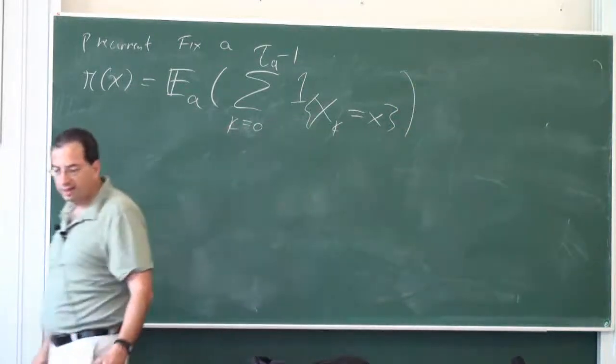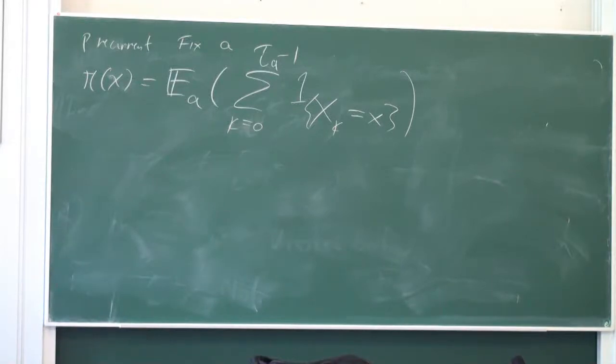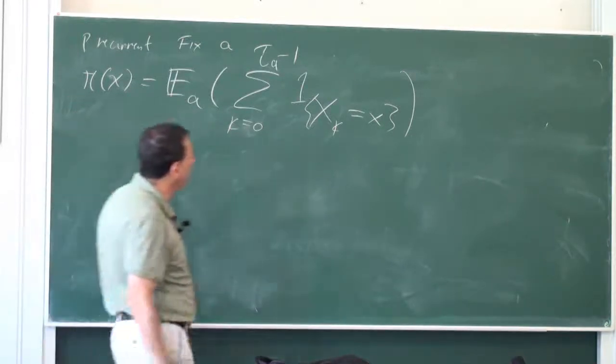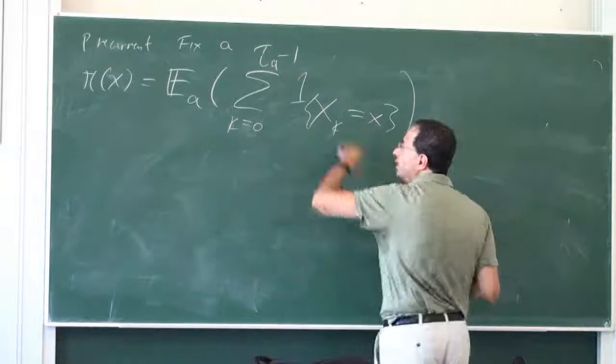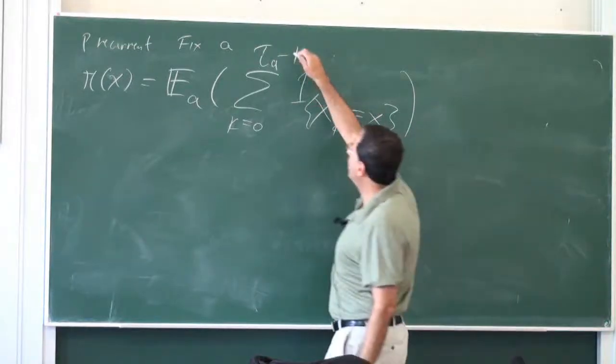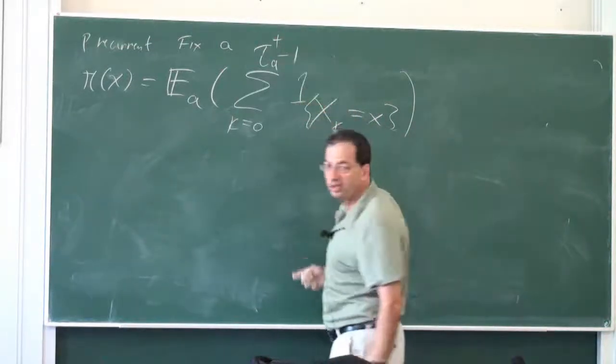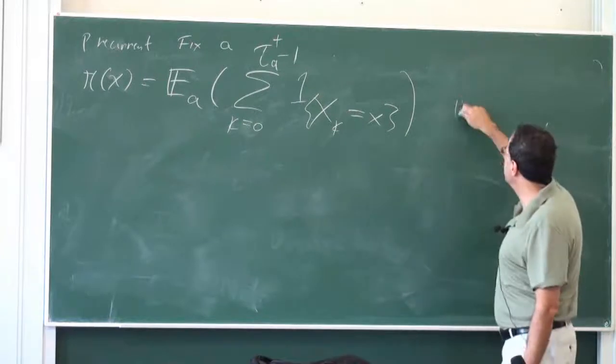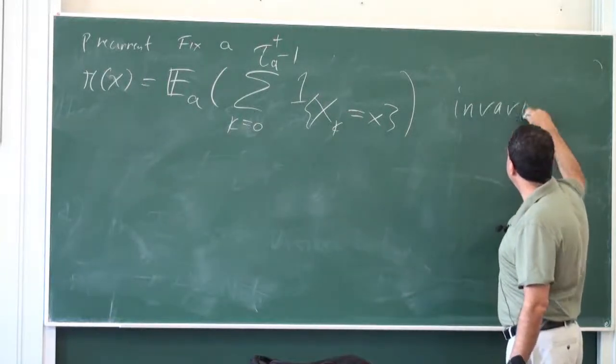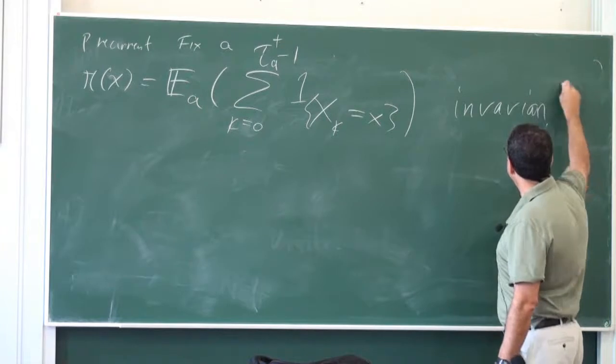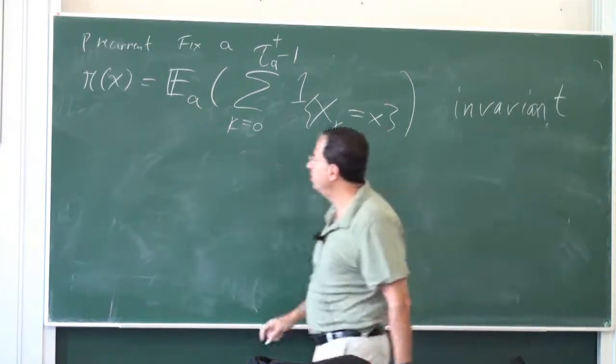Then it's a classical exercise that I will leave you to check that this pi in the recurrent case, where tau A is the return time, actually I should write tau A plus, the first positive return time to A, is invariant. This is an easy classical check that you can do yourself or find in a million places.